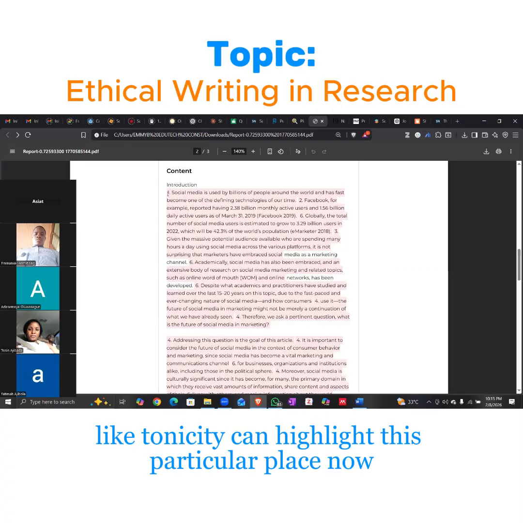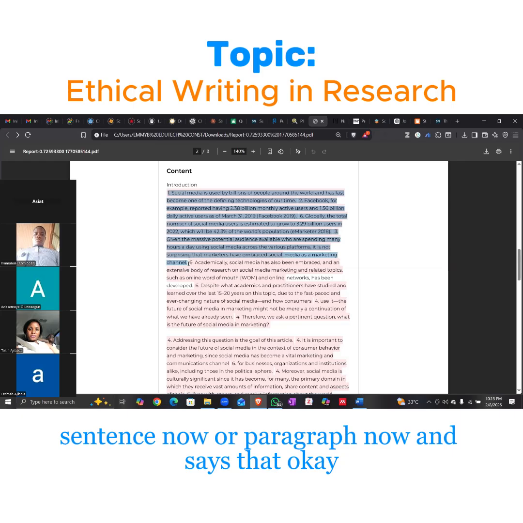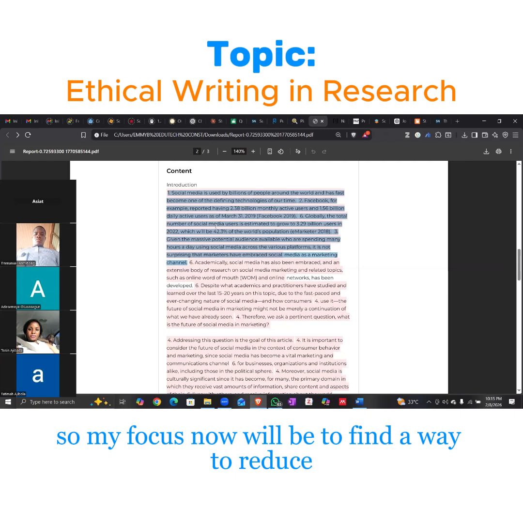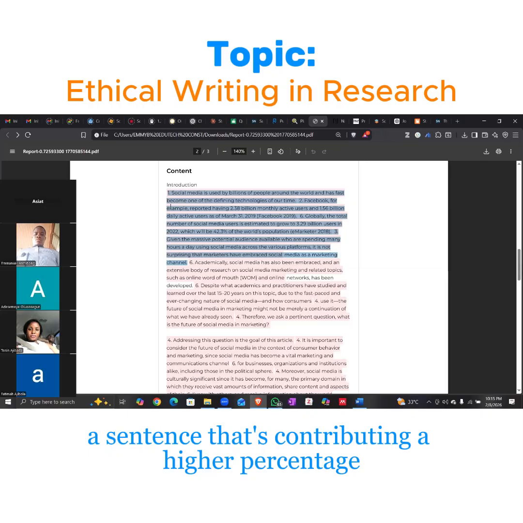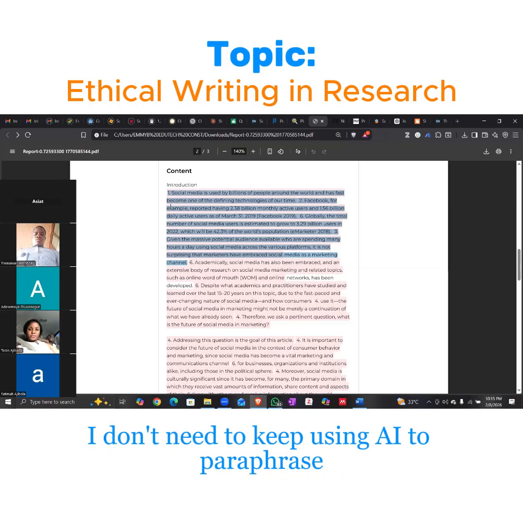Turnitin can highlight this particular sentence or paragraph and say that this particular sentence contributes, let's say, 20% out of the 98%. So my focus will be to find a way to reduce the plagiarized content of that particular sentence that's contributing a higher percentage. And to do that, I don't need to keep using AI to paraphrase.